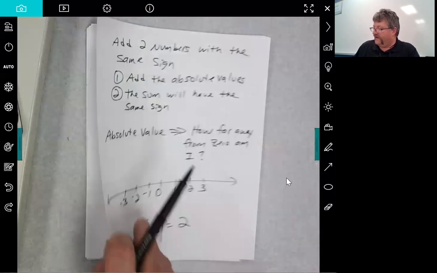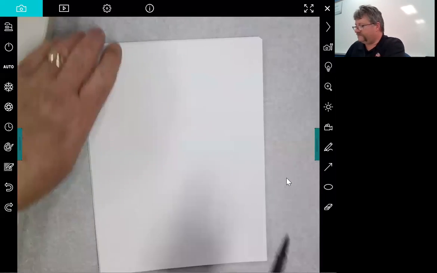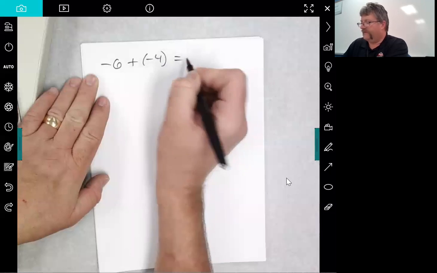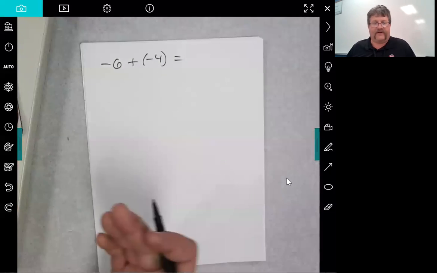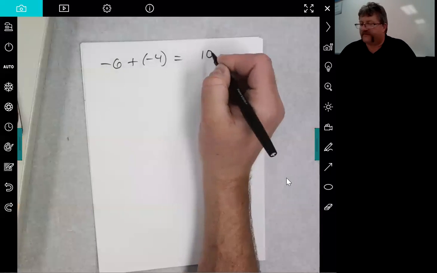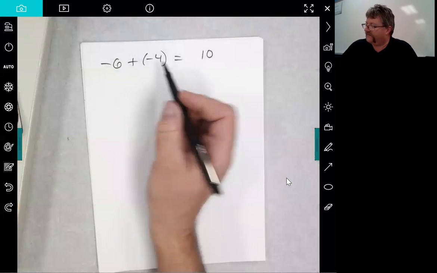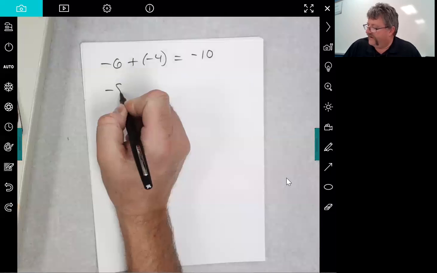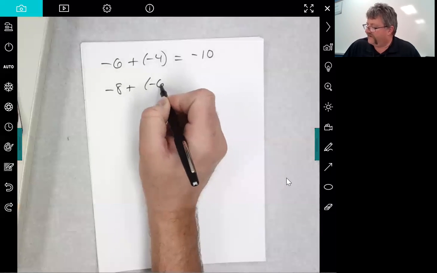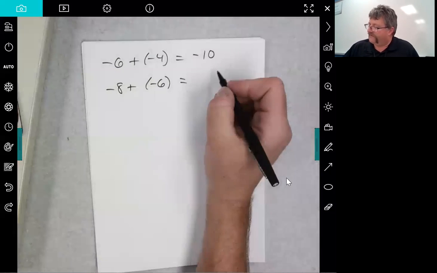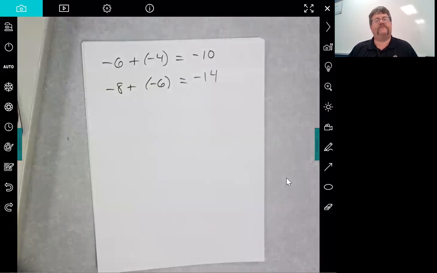That's pretty easy. -6 plus -4, they're both negative, so 6 plus 4 is 10, but then the answer, the sum, has to be the same sign as the other ones. This only applies when they're the same sign. -8 plus -6, they're both negative. 8 plus 6 is 14, so -14.